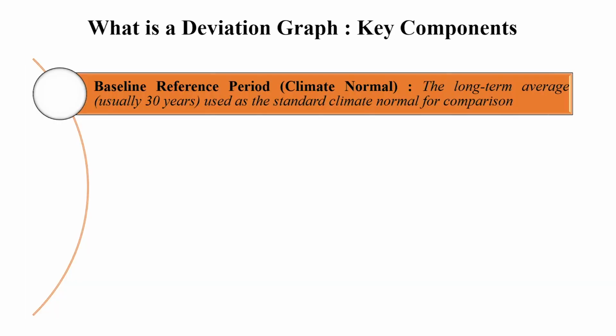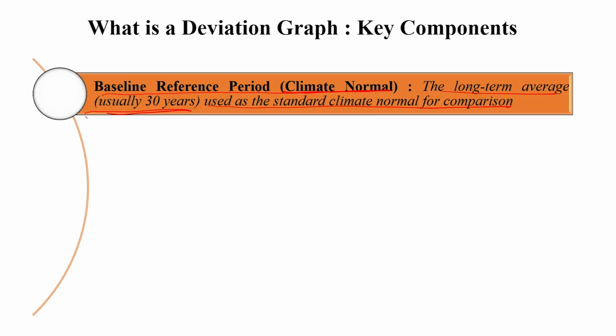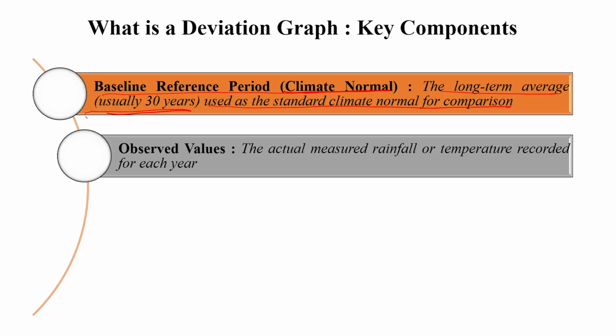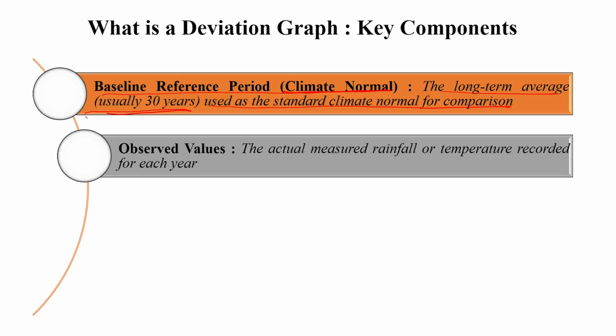So these are the key components. We have already seen the base reference period, that is our climate normal. The long-term average, usually taken for 30 years, is used as a standard climate normal for comparison of our annual temperature. Second is the observed value. The actual measured value of temperature or rainfall recorded for each year is considered the observed value.